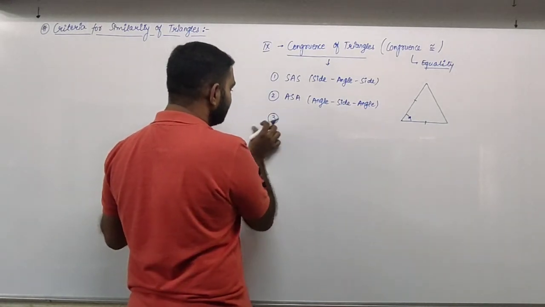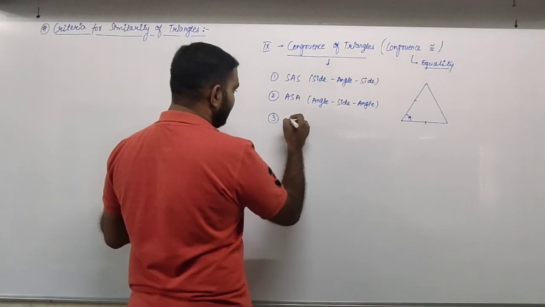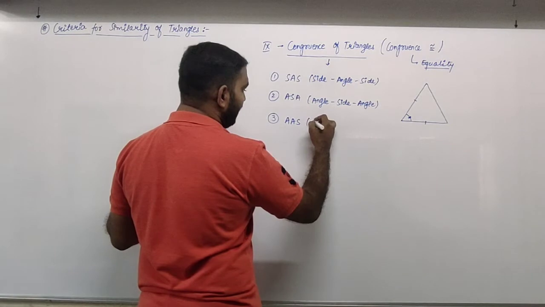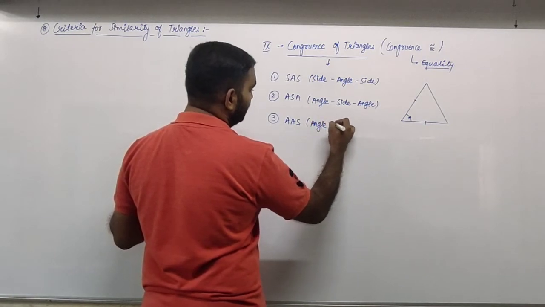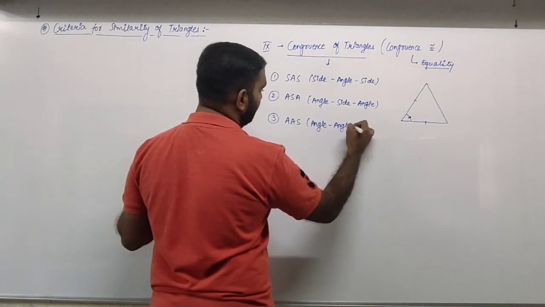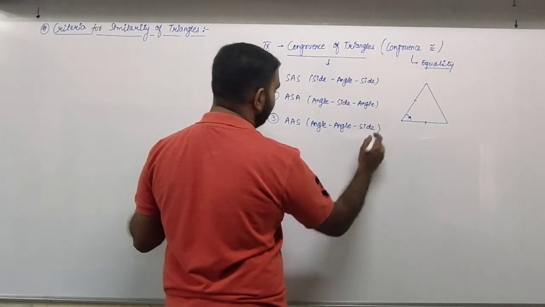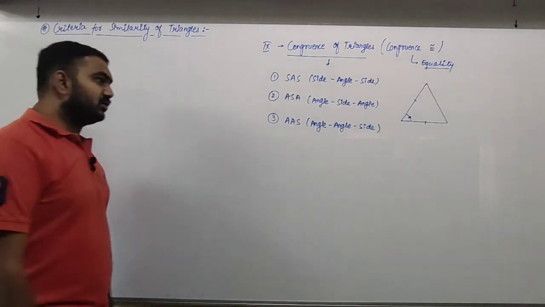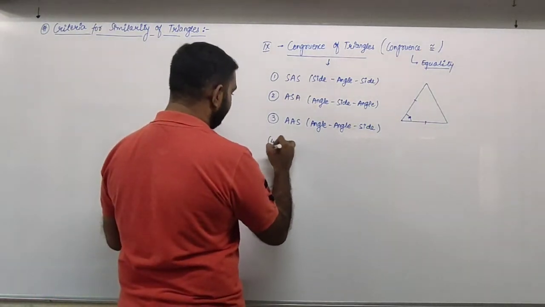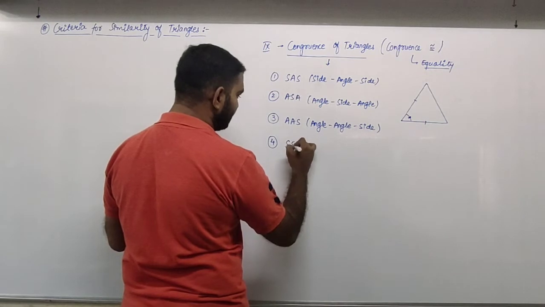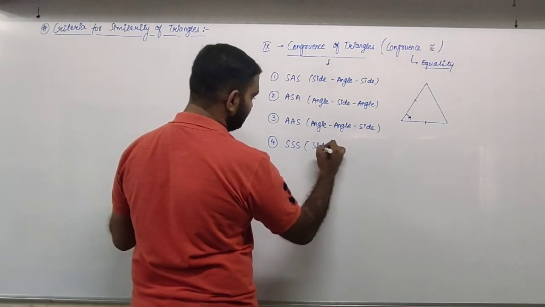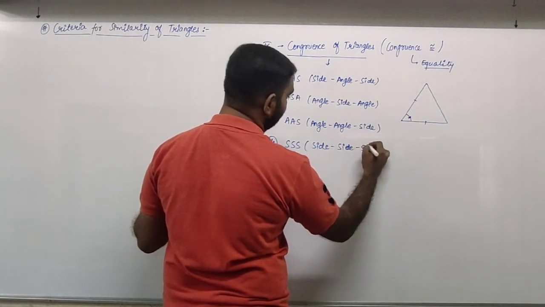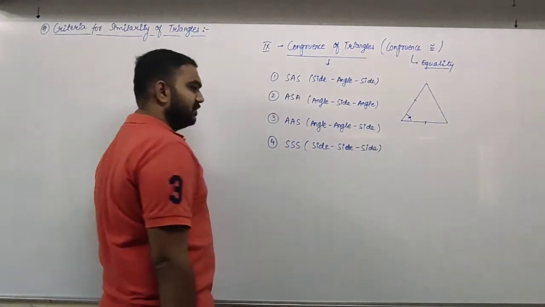The third one we studied was AAS, right? That was the angle, angle, side. AAS, angle, angle, side congruence rule. The fourth one we studied was the SSS, that is side, side and side, right?